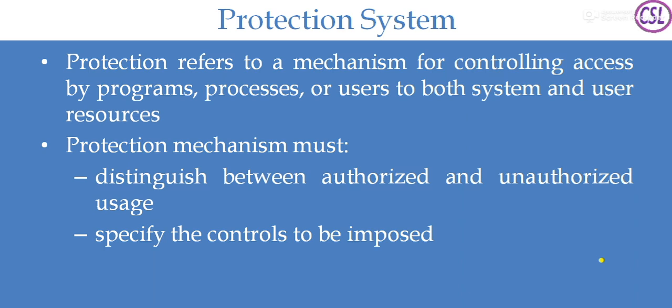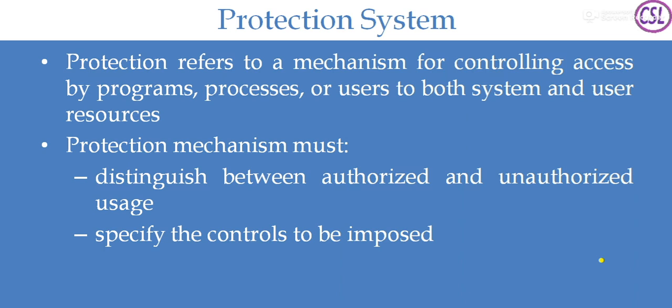And it specifies the controls to be imposed. So different controls have to be assigned to each and every user at different levels. For example, an administrator user and a normal user. An administrator user can have the ability to add new software, remove software, or modify software, like that, some extra privileges.